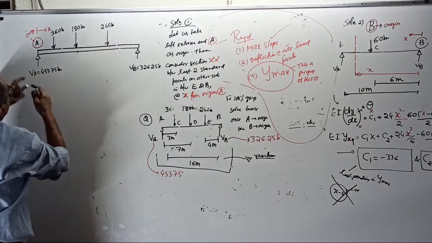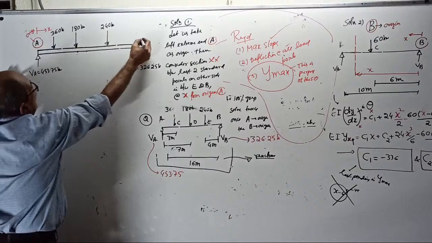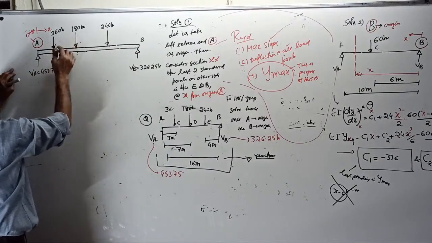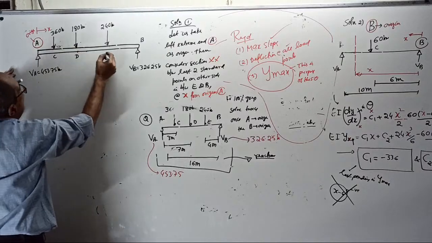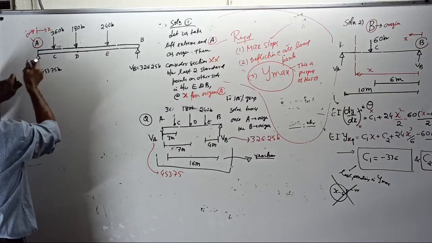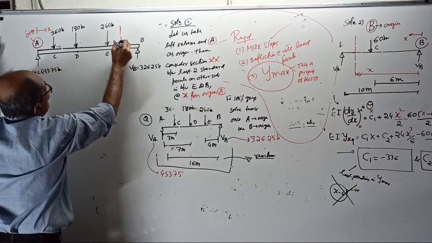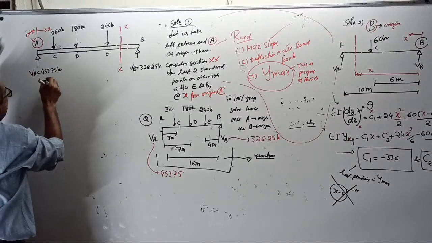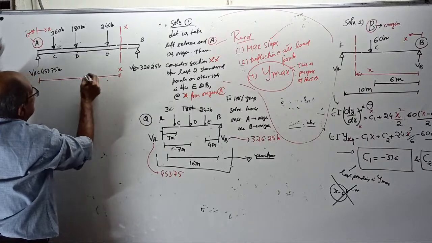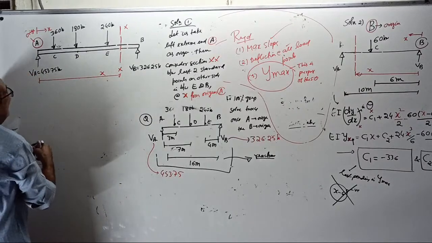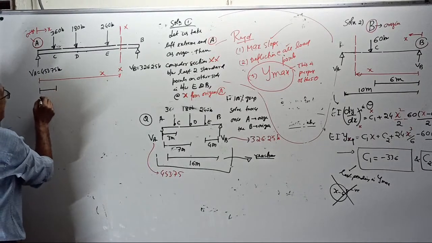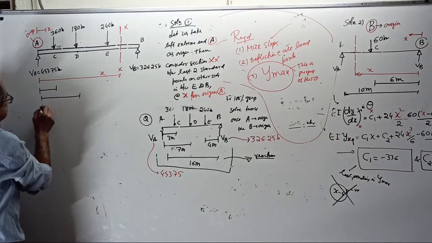Now, first A, B, C, this is C, this is D, this is E. A origin, section should be here. These all I am not explaining. At X from origin. Okay, then I told you from A, successively mark all the points.